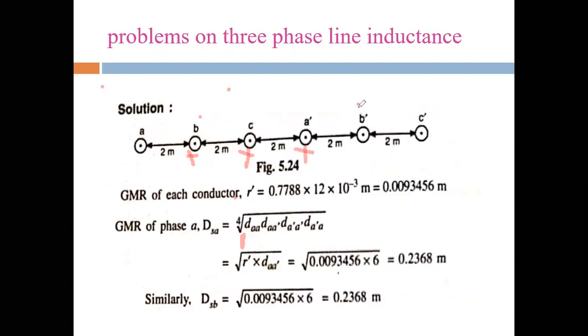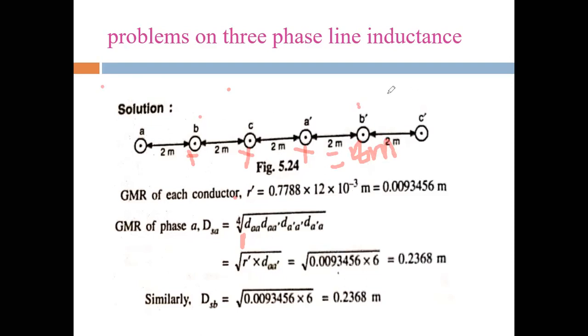Therefore, 2 plus 2 is 4, 4 plus 2 is 6, 6 plus 2 is equal to 8 meters. The distance between A to B dash is 8 meters.